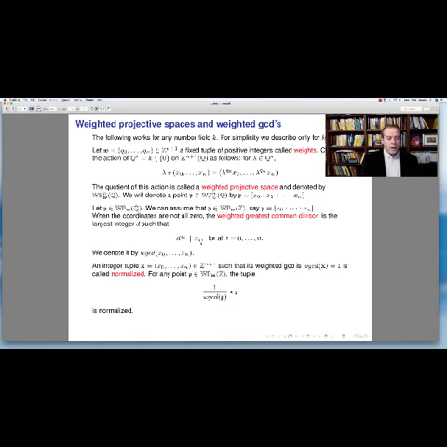If you make all the qi's equal to one, then of course this will be the normal GCD that we have for a tuple of integers. We will call a tuple normalized when the weighted GCD is 1.